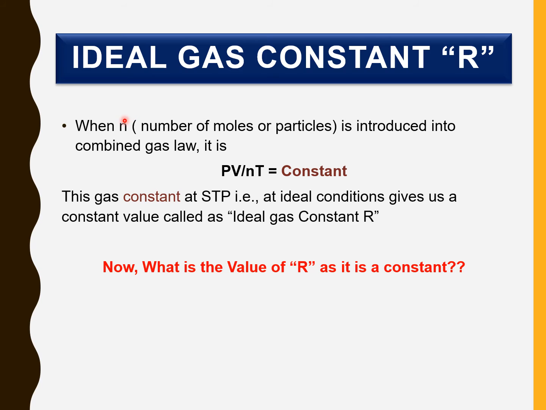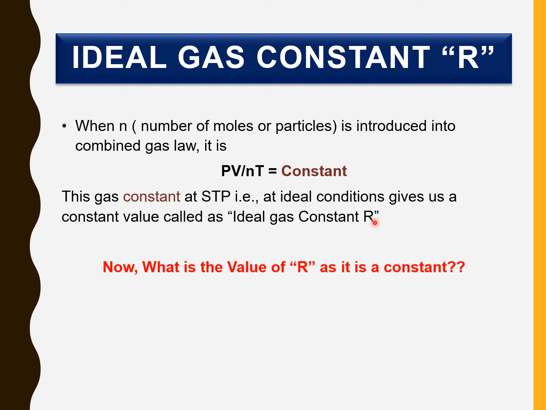When we introduce n into the combined gas law, we get PV/nT equal to a constant, since by Avogadro's law volume is directly proportional to n. This is a regular constant, but the constant at standard temperature and pressure, the ideal conditions, is called the ideal gas constant, which is R.